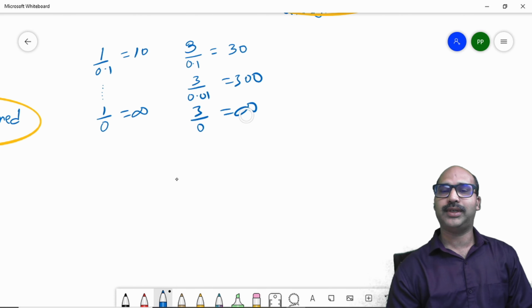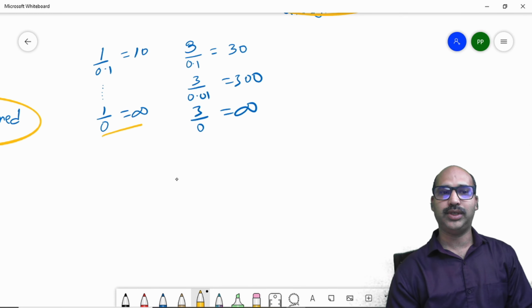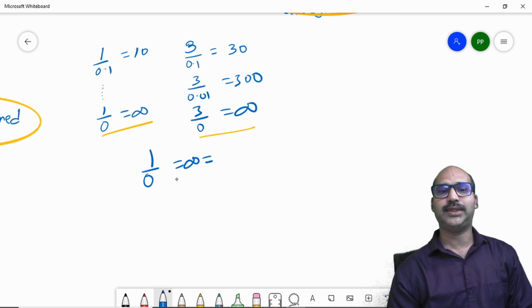Again this infinite is a very big number. In this kind of scenario, 1 by 0 is also equal to infinite, and 3 by 0 is also equal to infinite. That means 1 by 0, which is equal to infinite, is equal to 3 by 0.